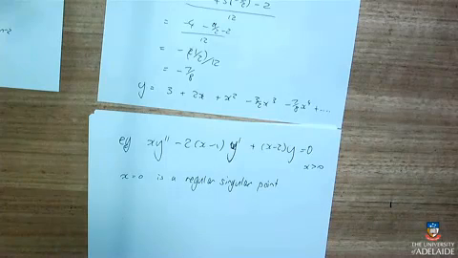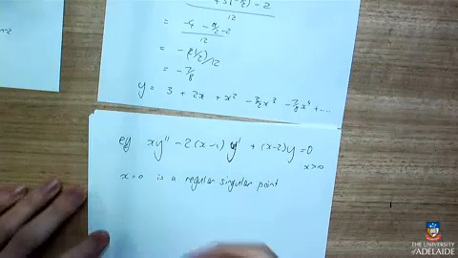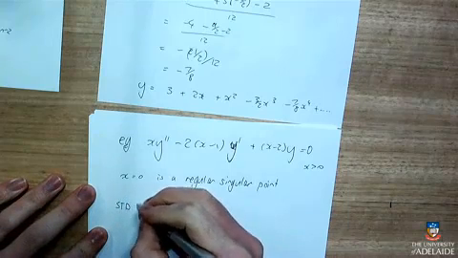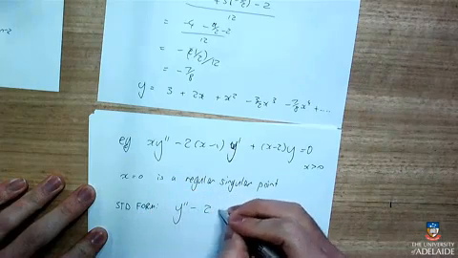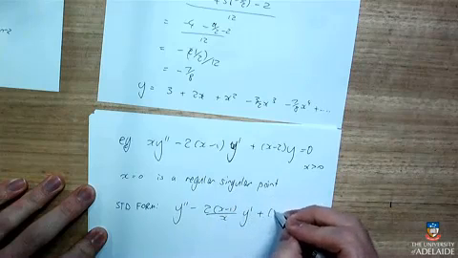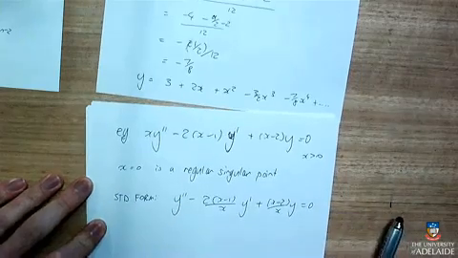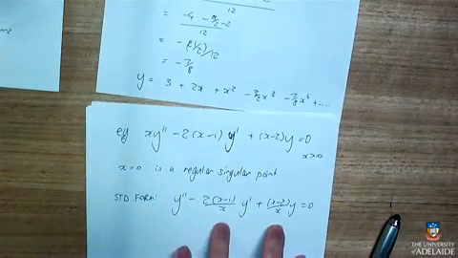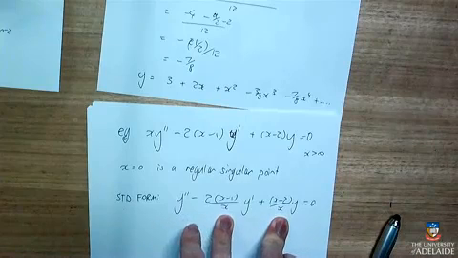So it's a singular point because if I write this in standard form with the y double dash without anything next to it, at least one of these functions is not analytic at x is equal to 0.